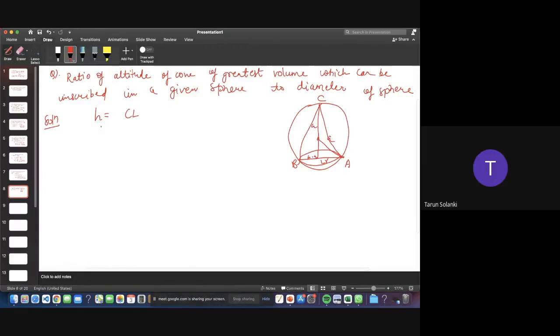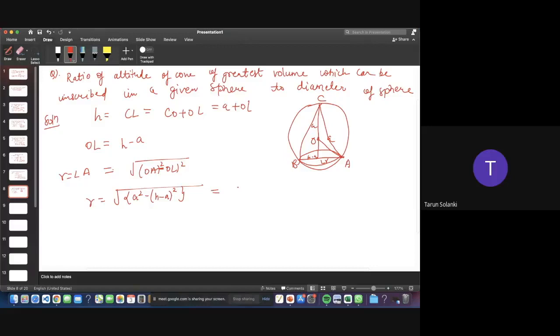Okay, so CL equals CO plus OL, which is a plus OL. Because this is point O, OL will be h − a, so r, which equals LA, will be the square root of OA² − OL². So r² will be a² − (h − a)².